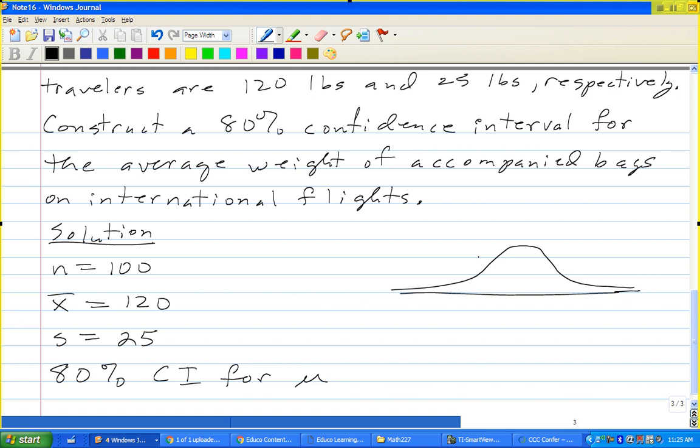Since I do not know the population variance, this is going to be a t. The sampling distribution for all possible sample means will be a t distribution. This is 80% in here. Therefore, in each tail, it's 10%.